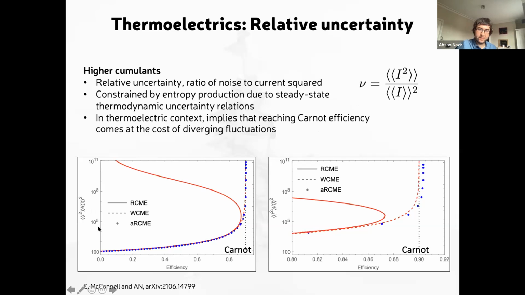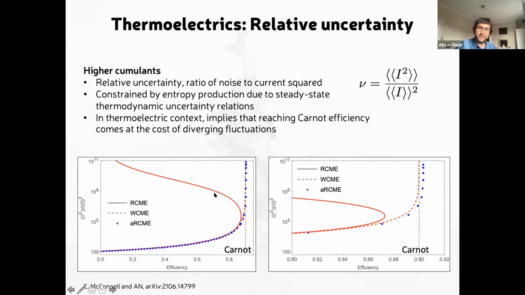So this is a plot of relative uncertainty against efficiency as we're sweeping the full bias range for which the system acts as a thermoelectric. And we can see that the weak coupling approach, which is dashed here, reaches Carnot, but with diverging fluctuations.